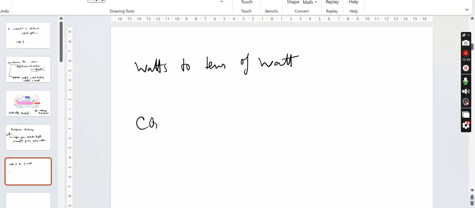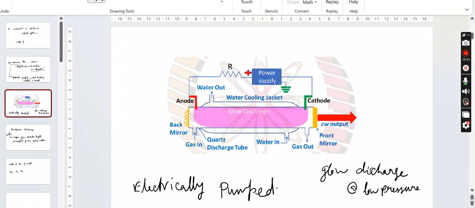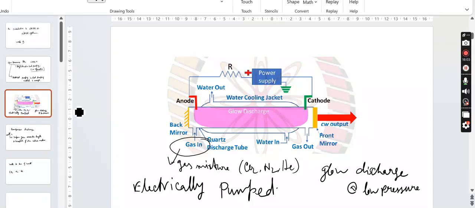So basically carbon dioxide, nitrogen and helium have to be mixed in a well-defined proportion, and they flow in and flow out. Really, it is a gas mixture of carbon dioxide, nitrogen and helium.